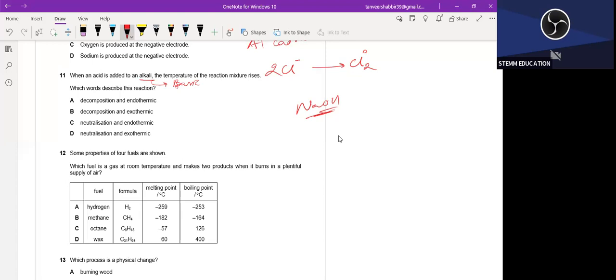When it releases energy, we say it's an exothermic reaction. So it's a neutralization reaction, and second, it is exothermic. It will release heat energy.